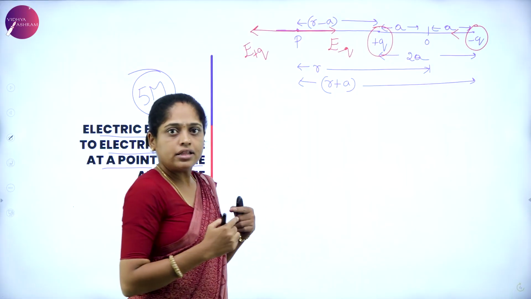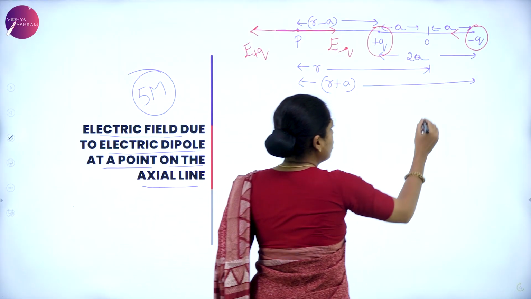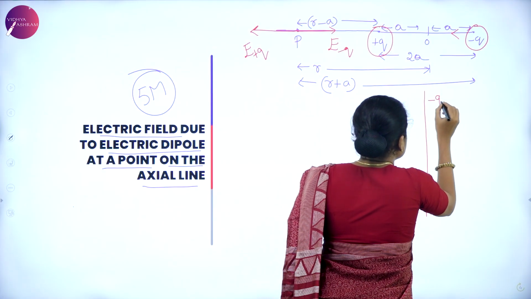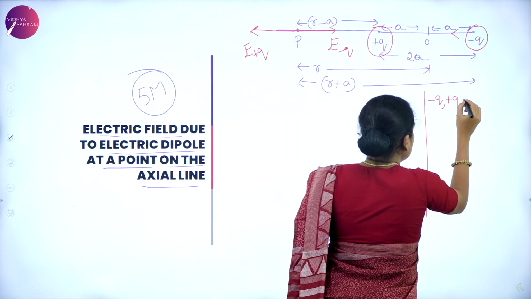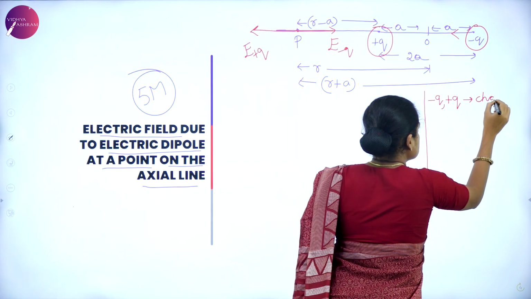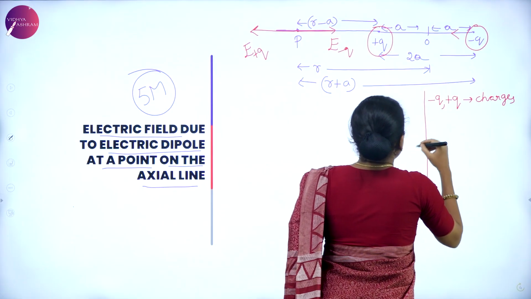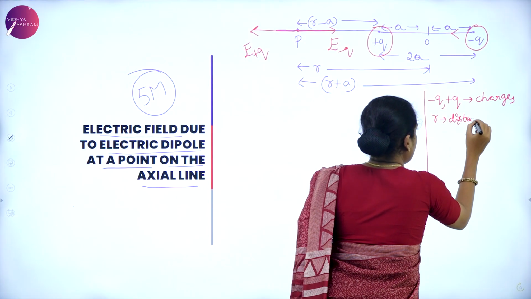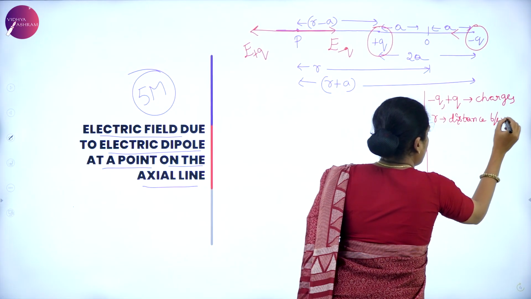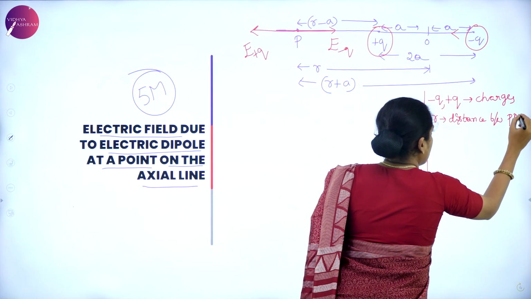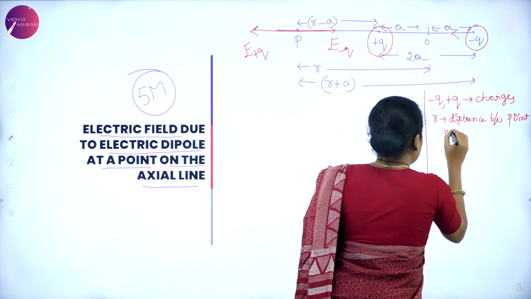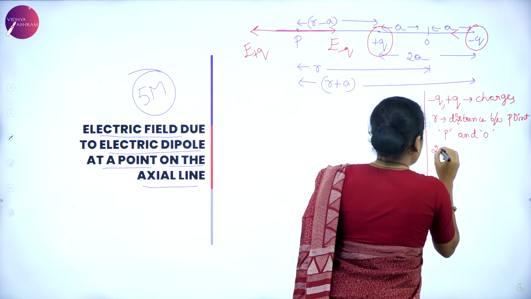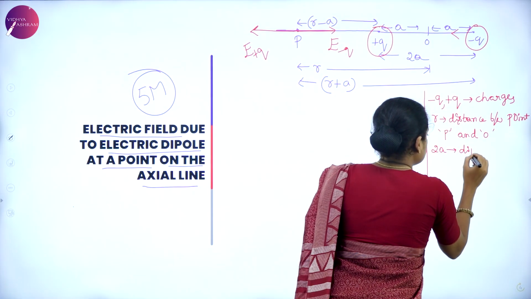After drawing this diagram, you have to explain all the terms which are in this diagram. That is, minus Q and plus Q are the charges, and r is the distance between point P and O. 2a is the dipole length.